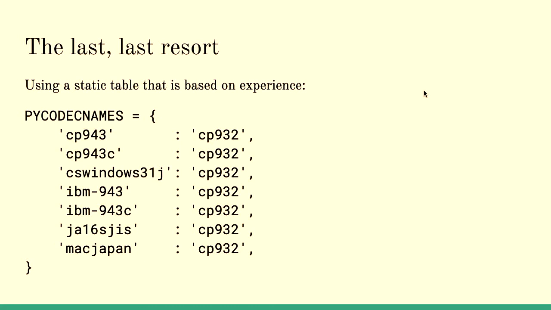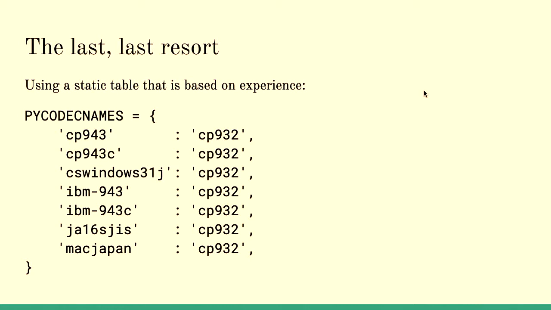It sometimes fails to guess the encoding. So the best thing to do is to set a threshold. If it's below the confidence threshold, then you should try other methods or just don't try to transform it, because it will spit out jumbled characters anyway. Then there's the last resort, which is using a static table, which is based on the experience of your organization.